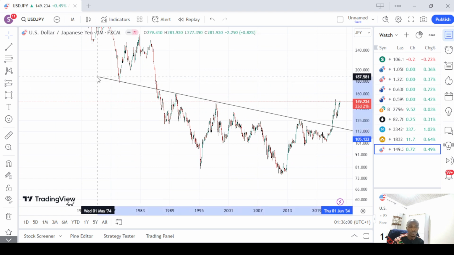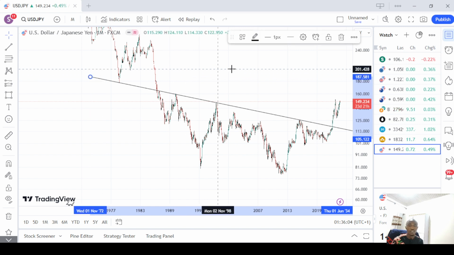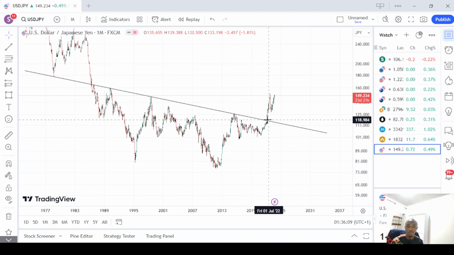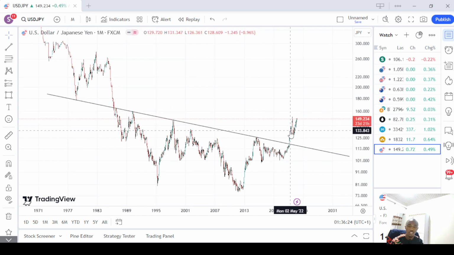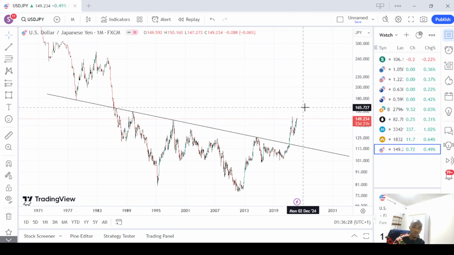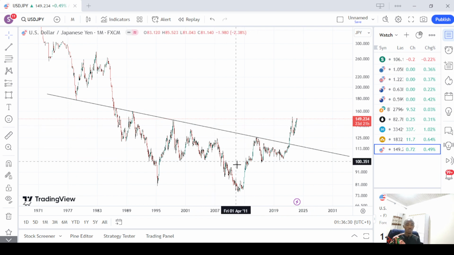I will have a video on it to explain how price came and broke the trend, these psychological levels or this trend line, and went up, and it's still going up. Are we expecting UJ to keep going up, keep buying, or are we expecting a turn?